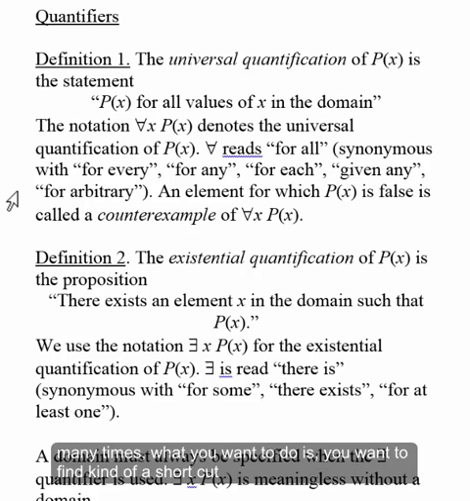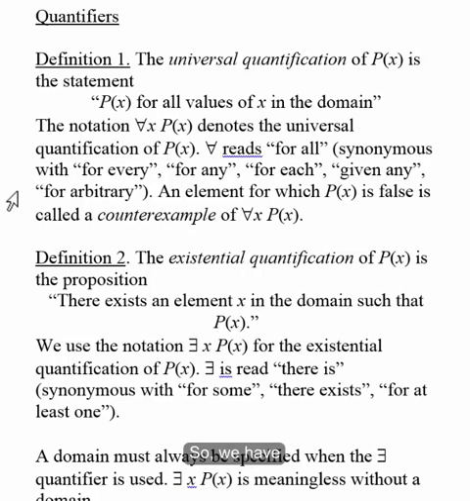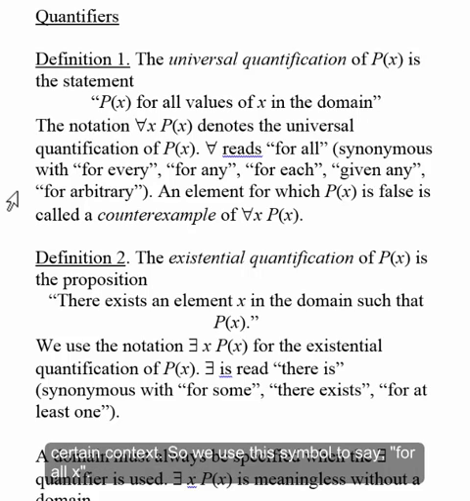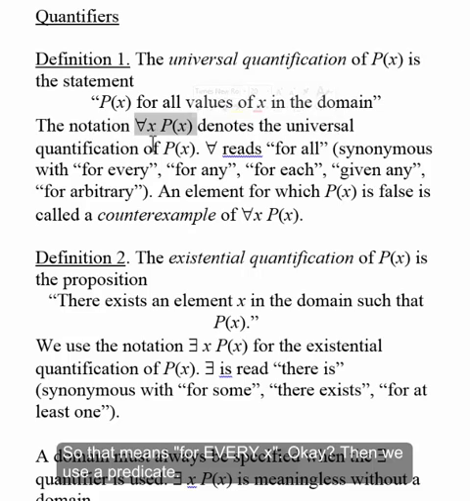Many times, what you want to do is find a shortcut way of saying something about a group of things. We have the universal quantifier that will say something about everything within a certain context. We use this symbol to say for all x, which means every x, and then we use a predicate.